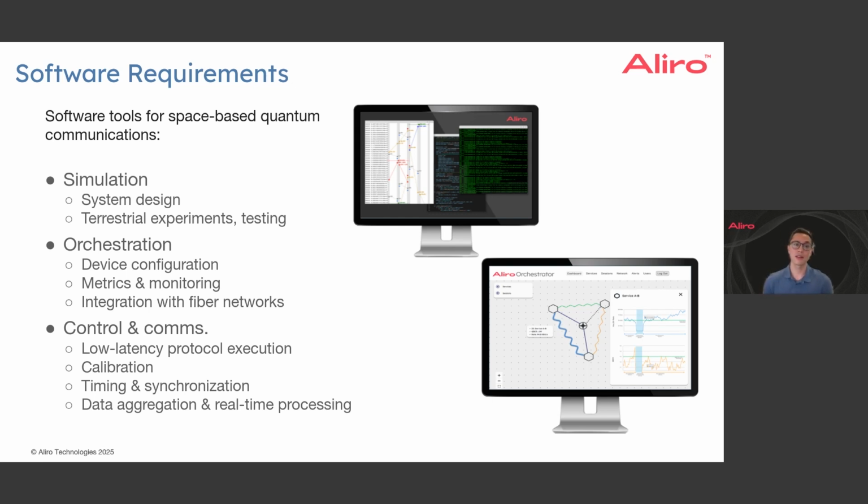But we're going to need a lot of software and firmware as well for those lower layers of control and communications. A lot of these protocols are extremely time sensitive. So there's a lot of timing and synchronization infrastructure we need to rely on, calibration to understand in real time what are the effects of the atmosphere? How is it behaving? This could be impacted by the time of day, could be impacted by the weather, the atmospheric turbulence.